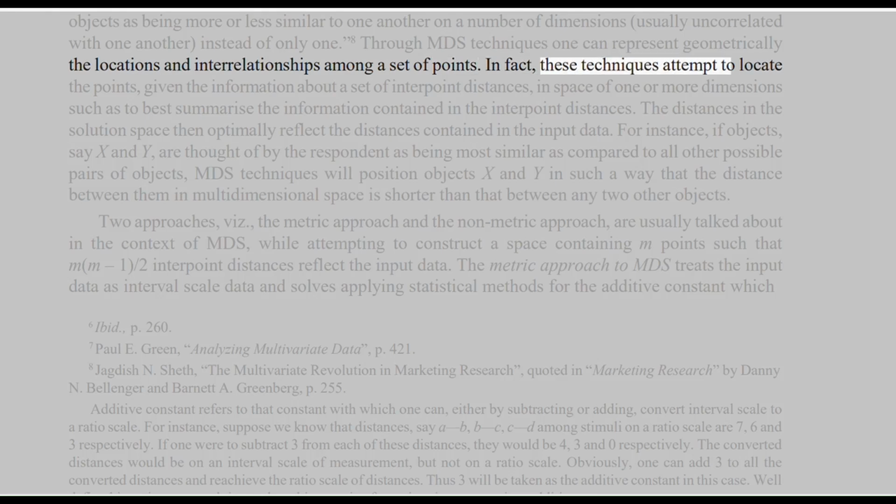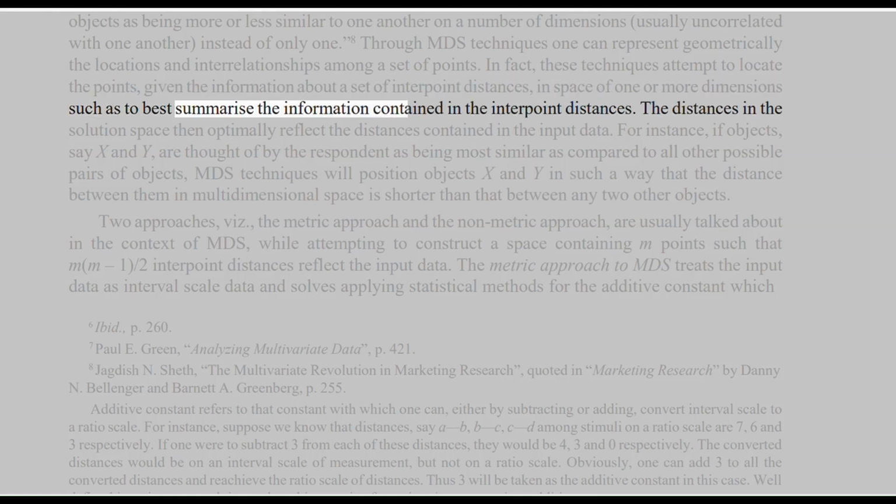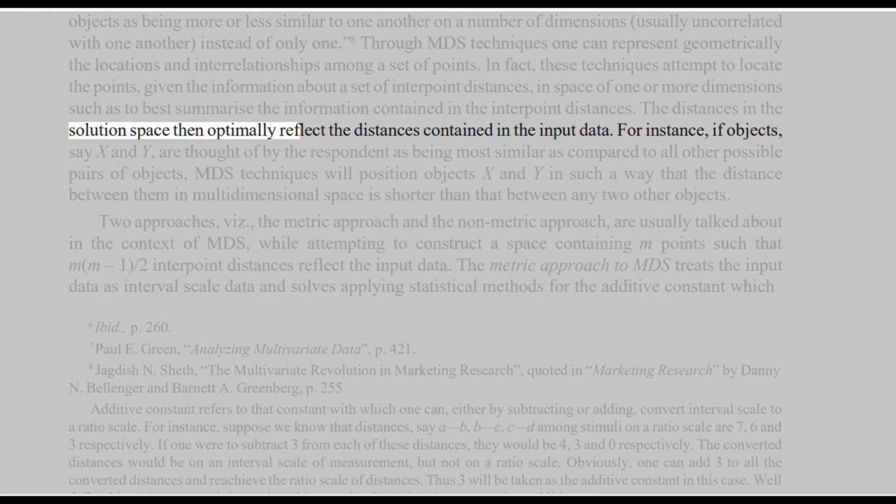In fact, these techniques attempt to locate the points, given the information about a set of interpoint distances, in space of one or more dimensions such as to best summarize the information contained in the interpoint distances. The distances in the solution space then optimally reflect the distances contained in the input data.